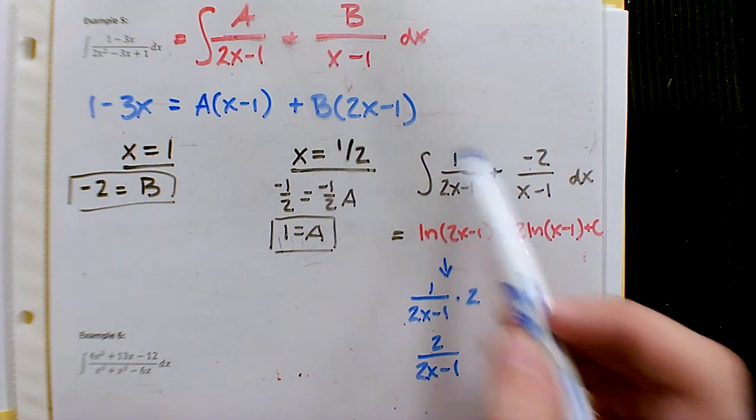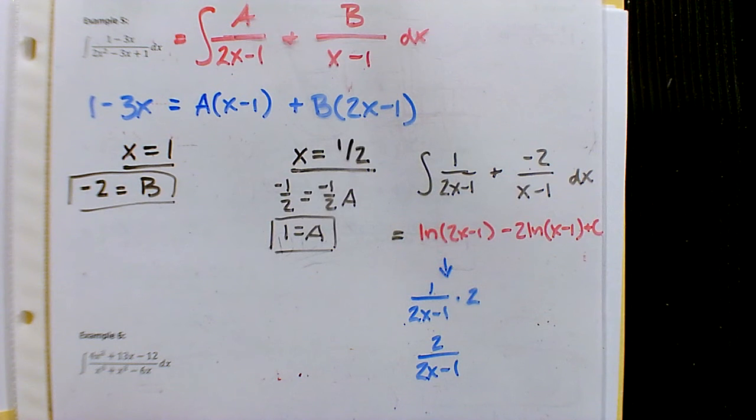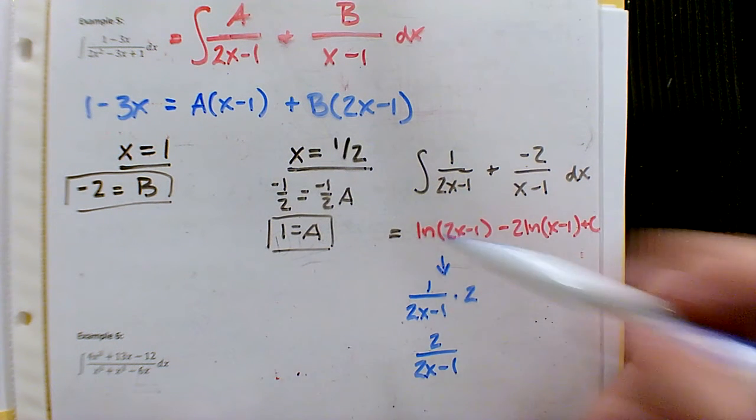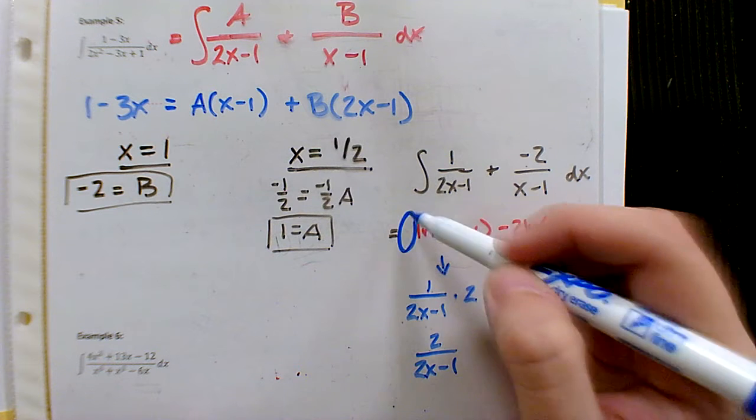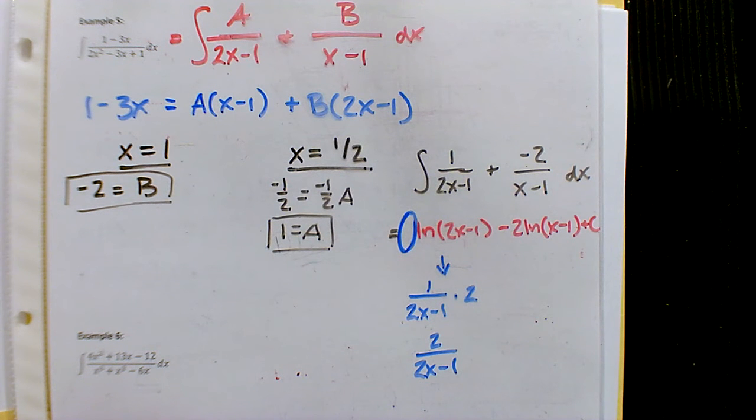That doesn't exactly match what we have here. But it's kind of close, right? We're off by a multiplier. We need something else out front. What do we need to multiply to kind of cancel out that 2 there? Because notice how if that 2 wasn't there, we would have exactly what we wanted.